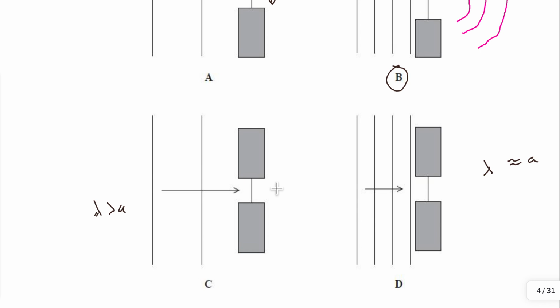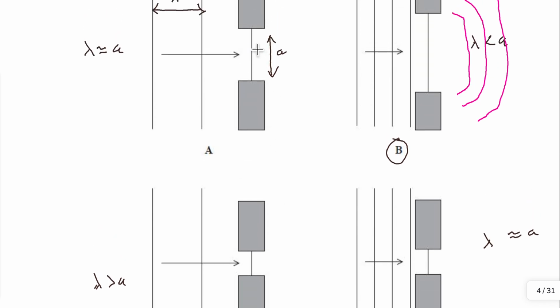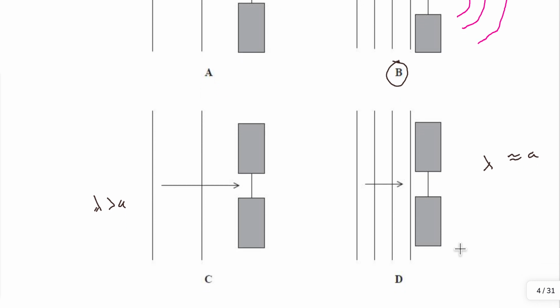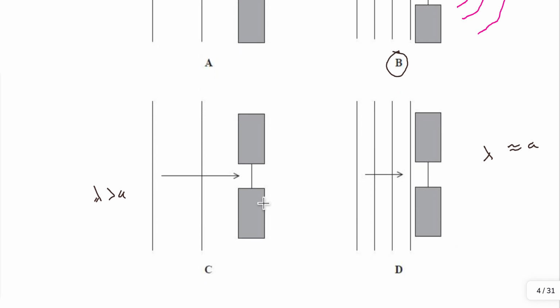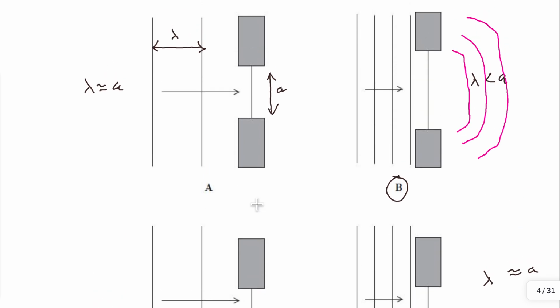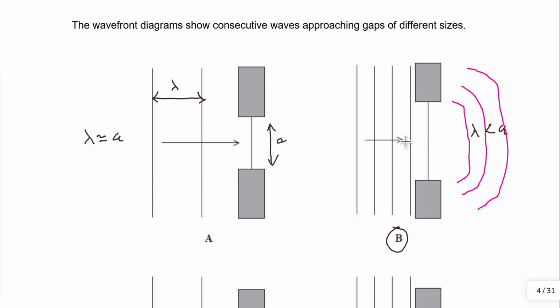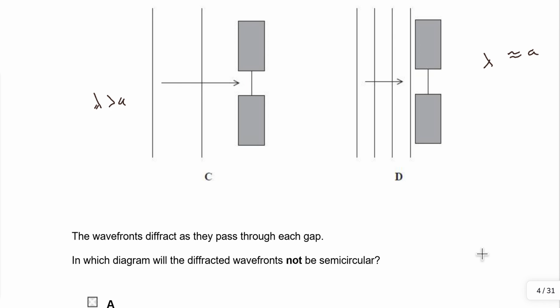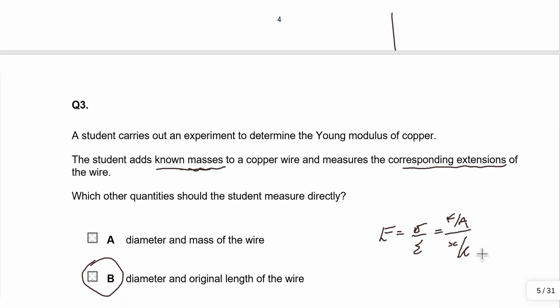So semicircular on A and D, and C potentially, but also potential reflection. B, the gap size is big compared to the wavelength, and here, as we know, the wavefronts are a little bit stretched out and not semicircular, so the answer is B.